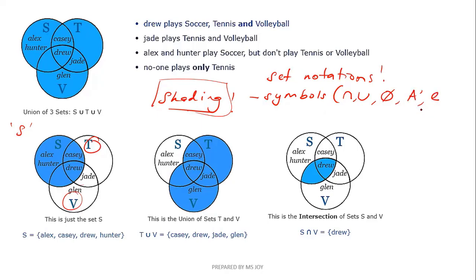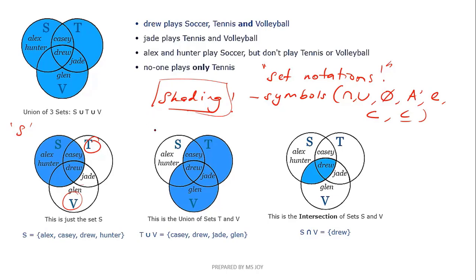Element, subset, proper subset. These symbols are known as set notation. Some questions will say describe the diagram by using set notation, which means you don't say it by words, you have to show it by symbols.